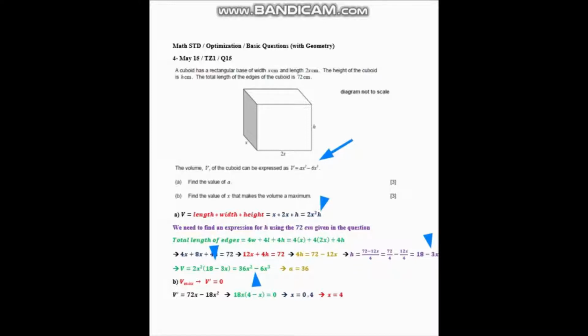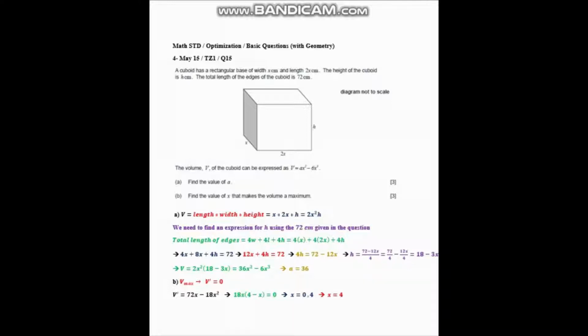So the only difference between their expression and mine is that they have an a next to the x squared, and I have a 36 next to the x squared. However, our second term is exactly the same. So in order to find the value of a, I simply compare it to my number, hence a is equal to 36.